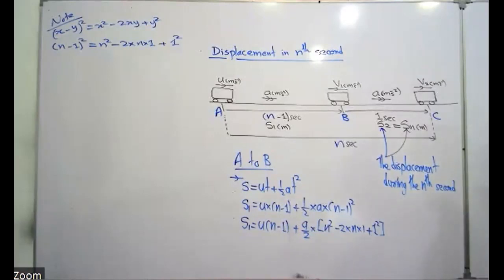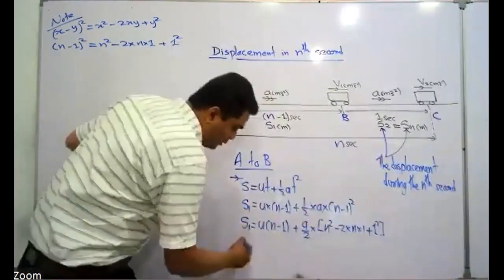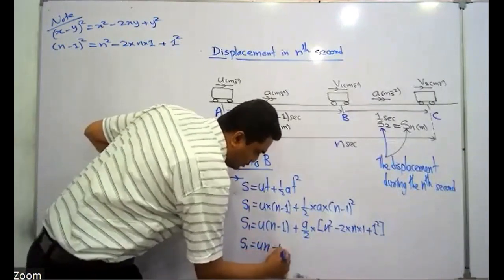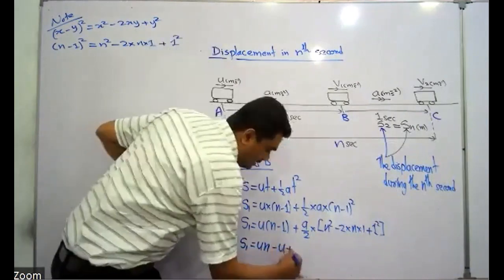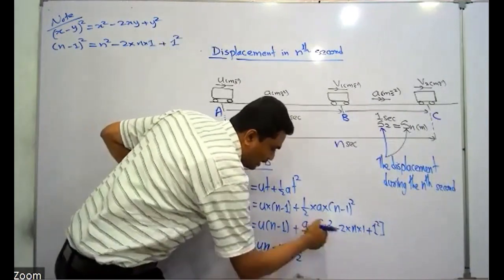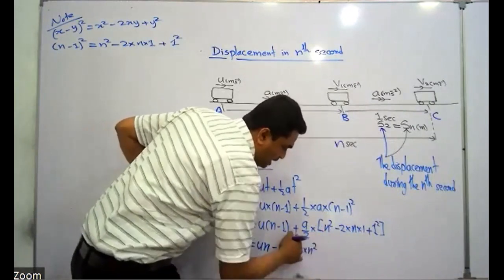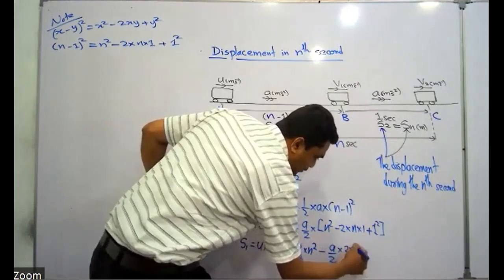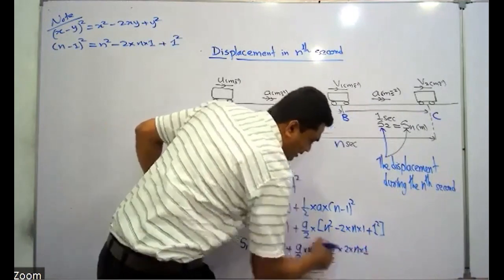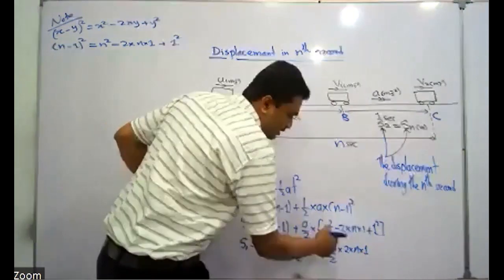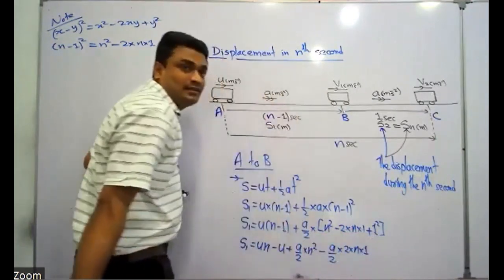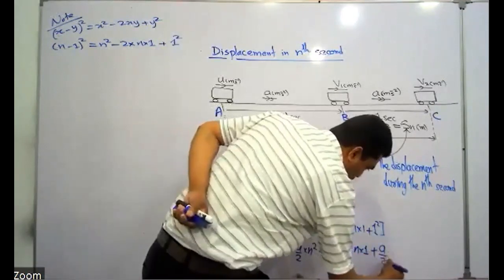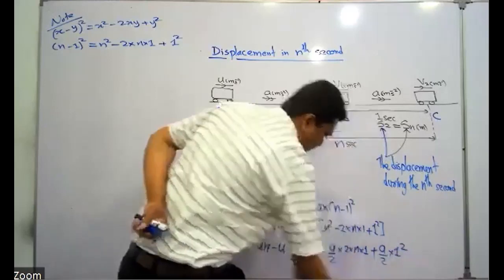So if you remove the brackets, you get u into n is un, u into 1 is minus u, plus a over 2 into n squared, minus a over 2 into 2n, plus a over 2 into 1 squared.